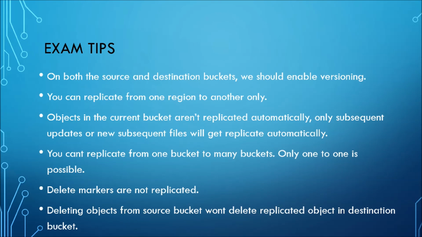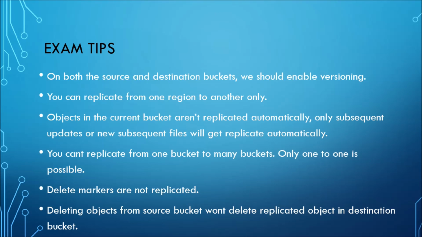This is a very important point, because suppose there are two buckets in the same region, you cannot replicate the objects from one bucket to another within the region. You need to have two buckets in different regions, and only then can you do replication. The third one is that objects already in the bucket are not replicated automatically.